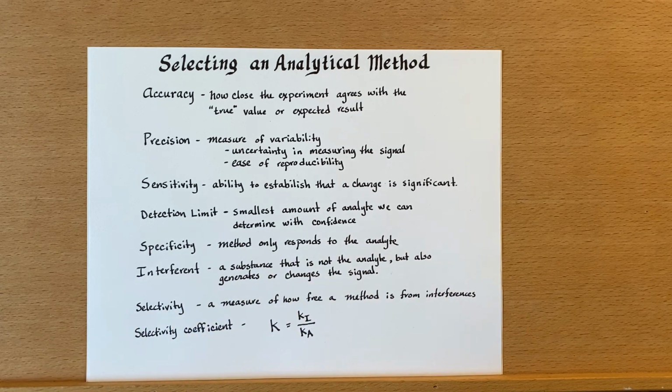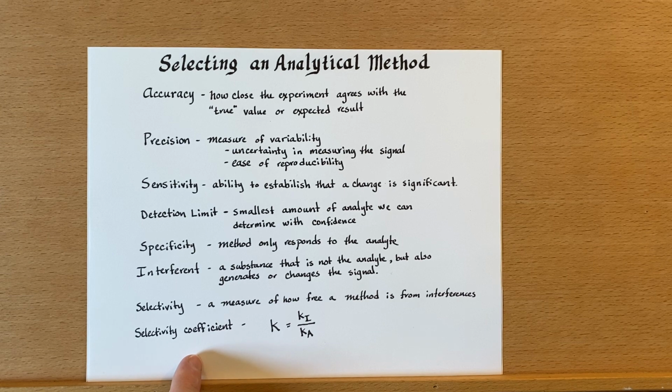So say we're doing atomic spectroscopy and we have some light being emitted from our analyte, in some arbitrary units, say 10,000, and then we have an interferent that's emitting 5 of the same unit of light. Well, that interferent doesn't pose that much of a problem because it's quite a lot smaller than our analyte signal. So we may not have to concern ourselves too much with that. And that would be an example of a selective method.